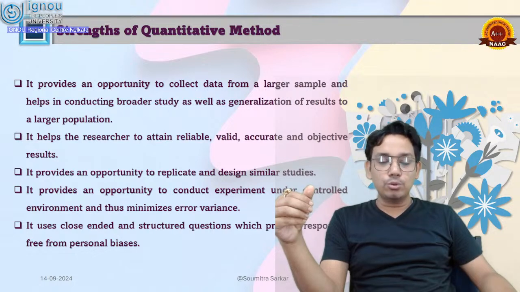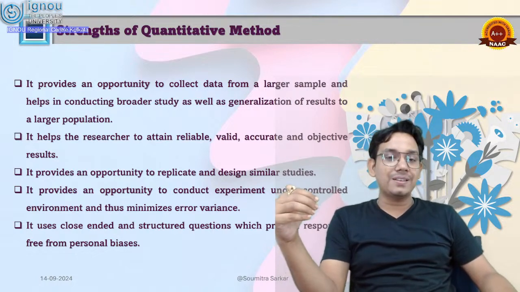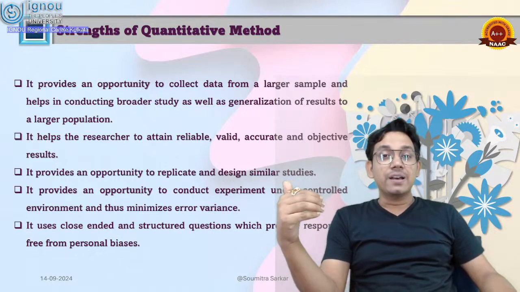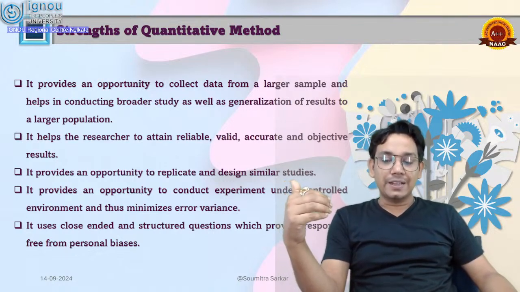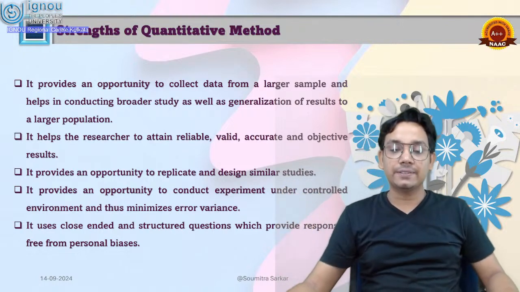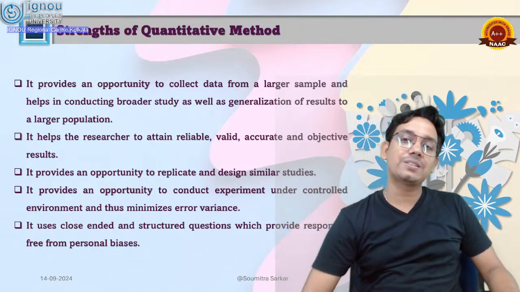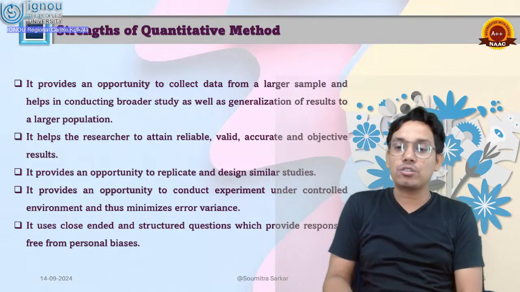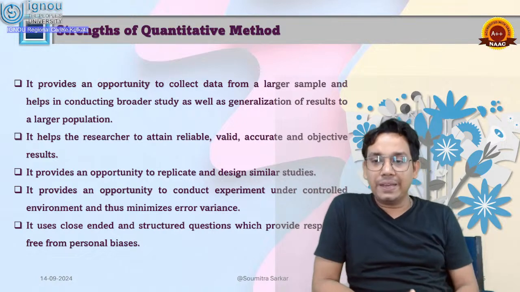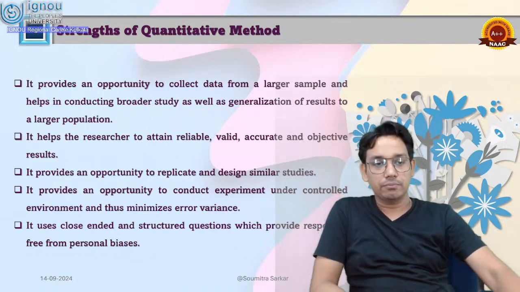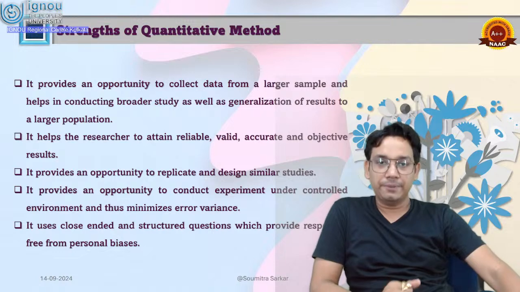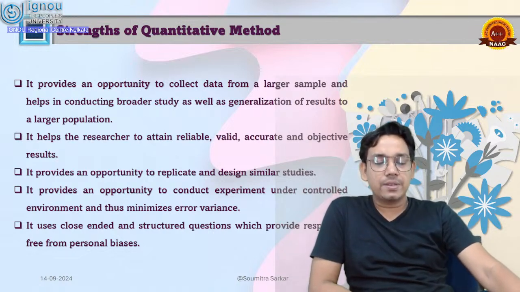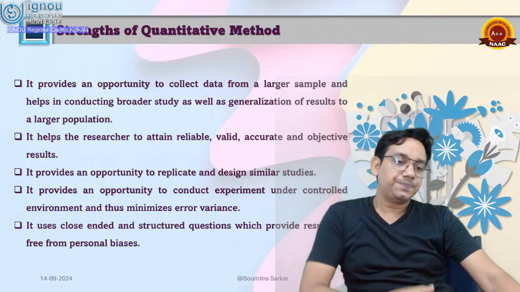Through generalizations, the quantitative method provides authenticity, reliable results, and long-term validity. We all know that in social science research, findings are not always static; over a long time they are always changing. But through the quantitative method we can get a more generalized result from the field.